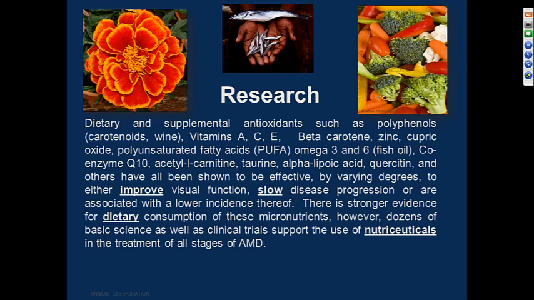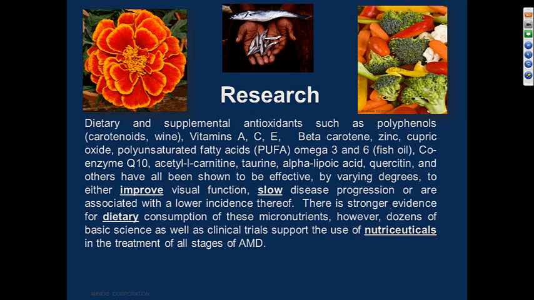I want to just pause briefly to remind you that the research really is supportive that dietary and supplemental antioxidants such as polyphenols, carotenoids, red wine, other antioxidants, vitamins A, C, and E, beta-carotene, zinc, cupric oxide, the fatty acids, coenzyme Q10, and all the others listed there have been shown to either improve visual function, slow disease progression, or are associated with the lower incidence thereof.